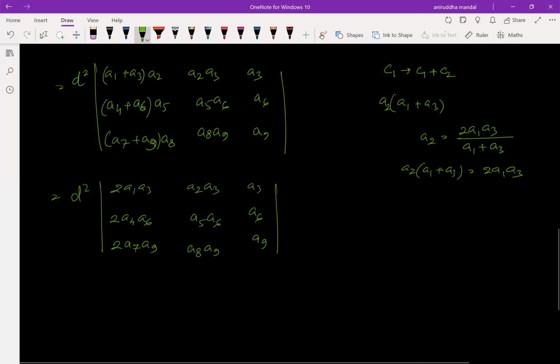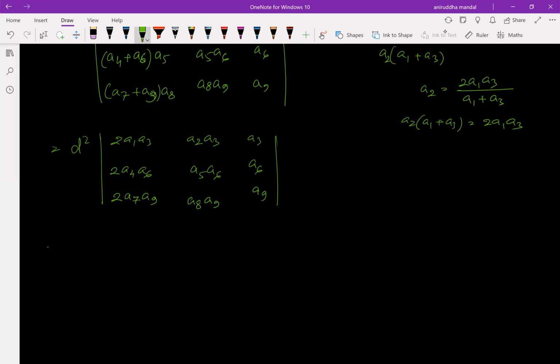Now what we can do is take 2 common from the first column, and a3 from the first row. Similarly, a6 from the second row and a9 from the third row.